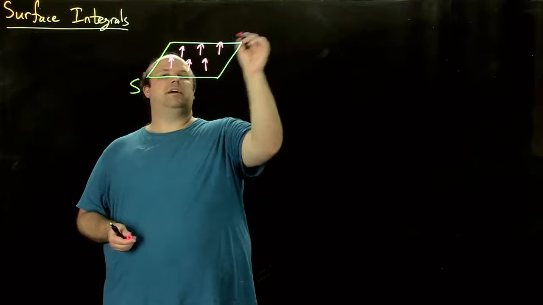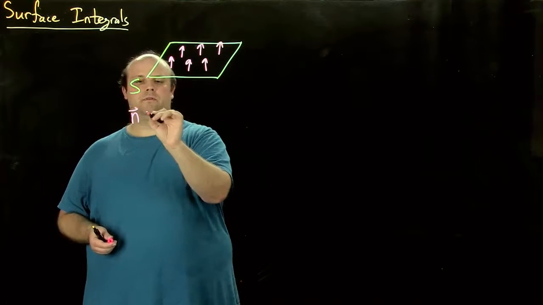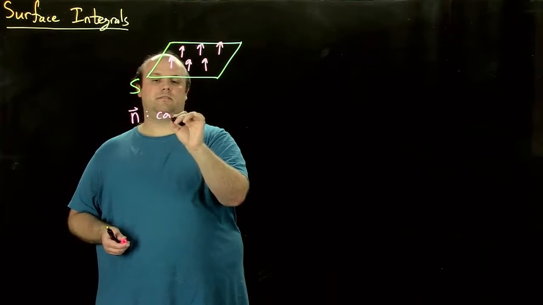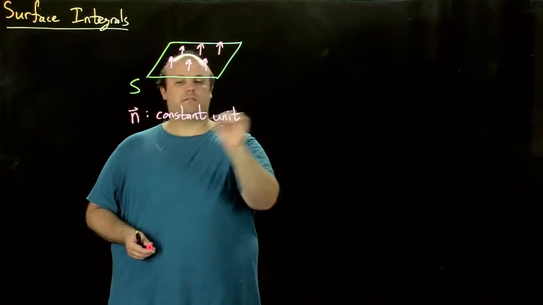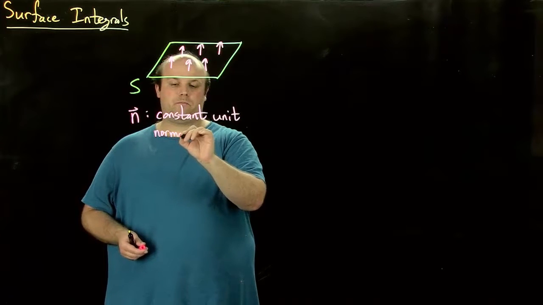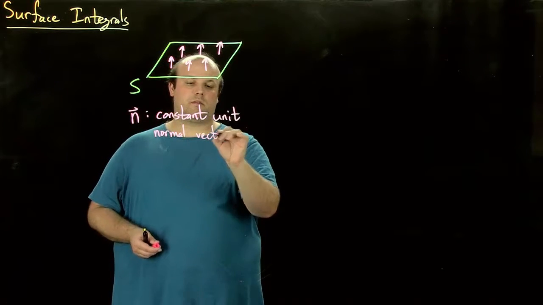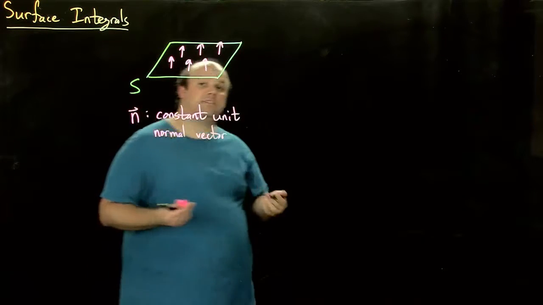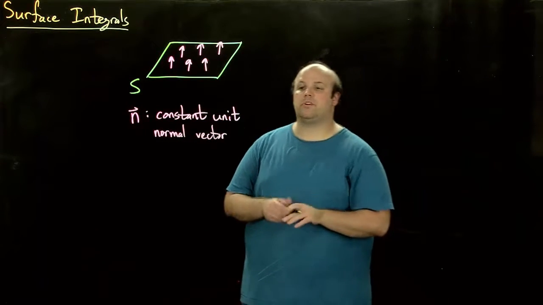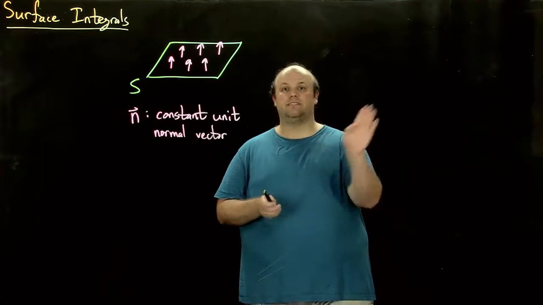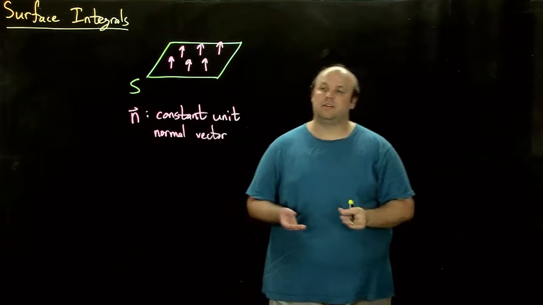This is a constant unit normal vector. It's an orientation of S, but the point is it's a constant vector. It doesn't change as you move around the surface.